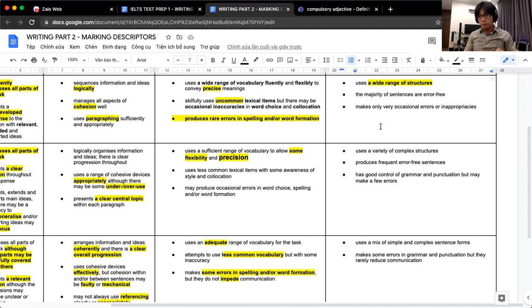Okay, passive voice. I think for academic writing, you just need passive voice, conditional sentences, and relative clause. Yeah, three structures. Relative clause, vấn đề quan hệ, right? Conditional sentences, câu điều kiện, right?